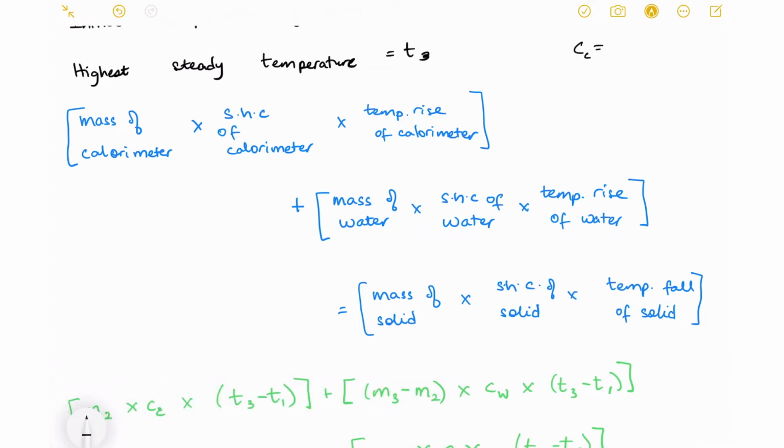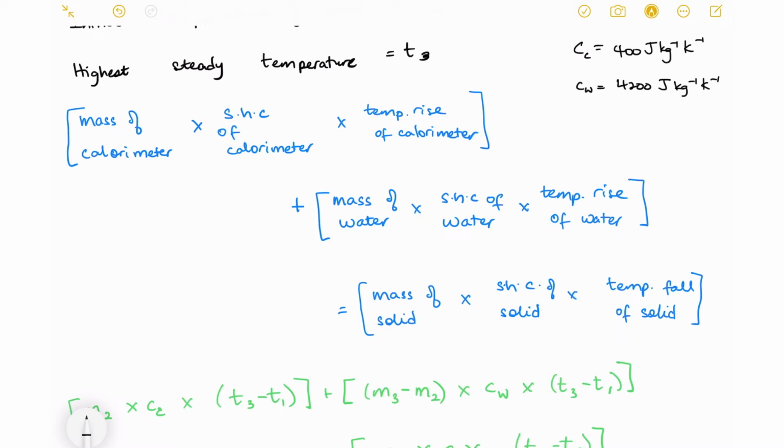So the specific heat capacity of the calorimeter is 400 joules per kilogram per Kelvin. Right. And the specific heat capacity of water is 4200. So water is going to be 4200 joules per kilogram per Kelvin.